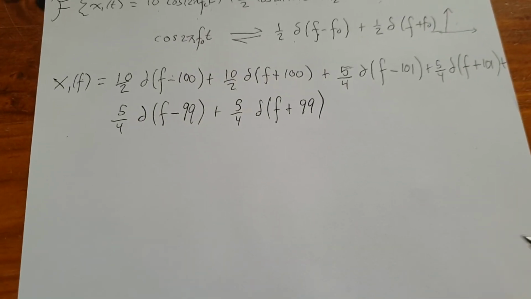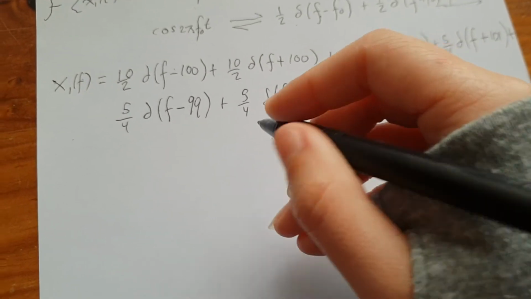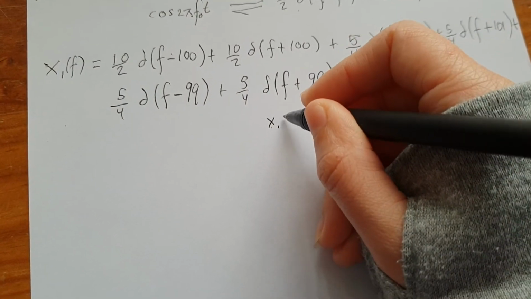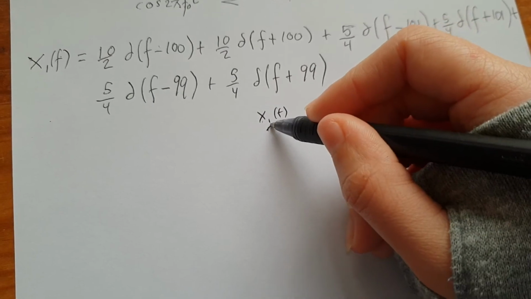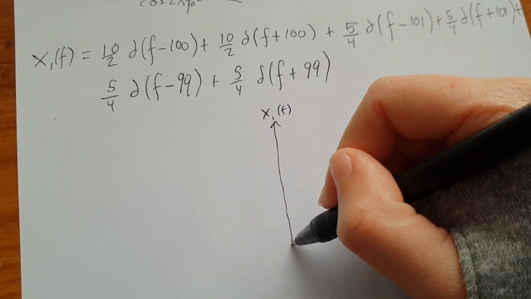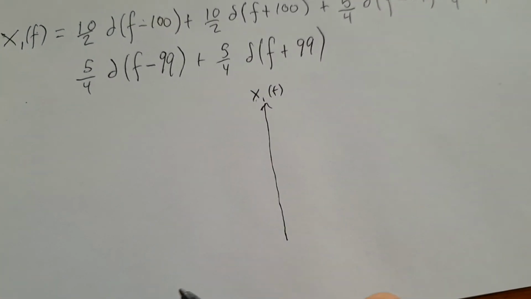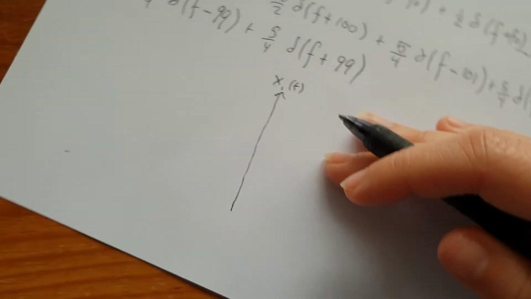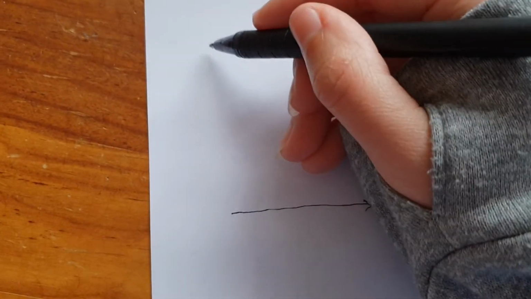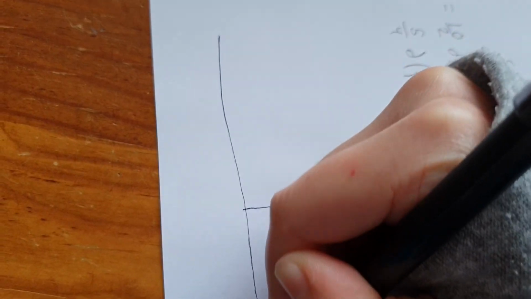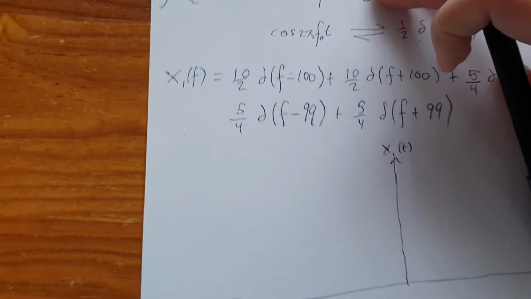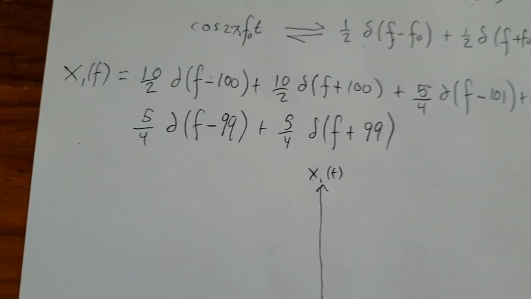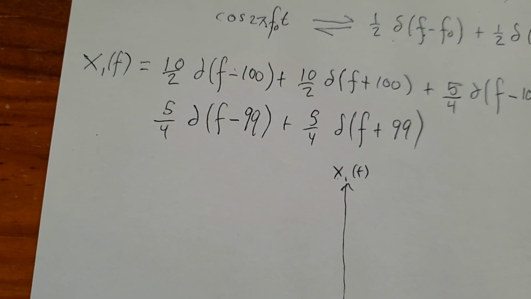Okay, so let's draw it here. Say x1 of f. Excuse my drawing. Hopefully you can get that nice and straight. Not the most level thing, but that's all right. We'll get the idea.